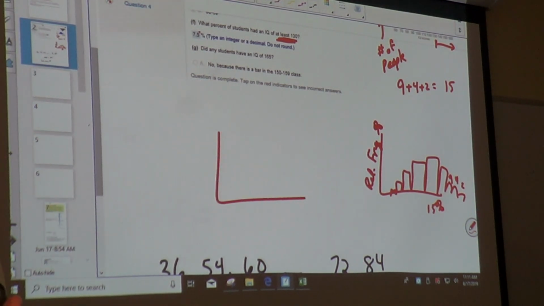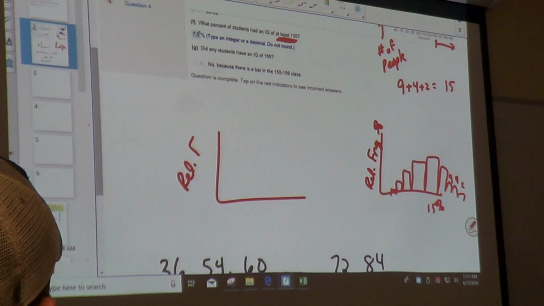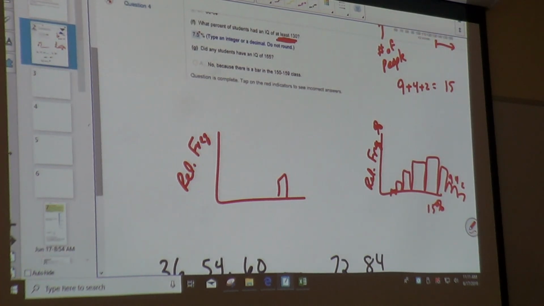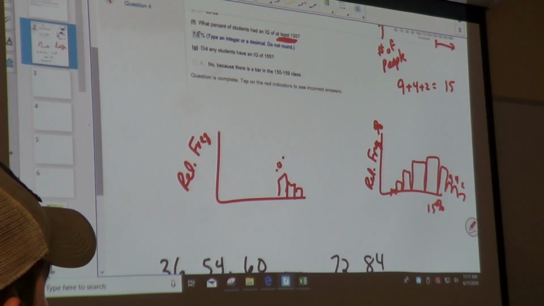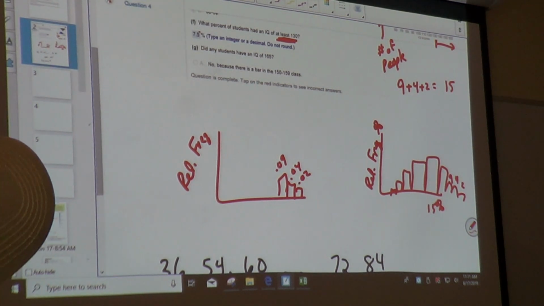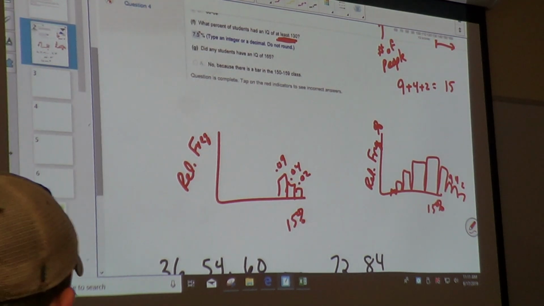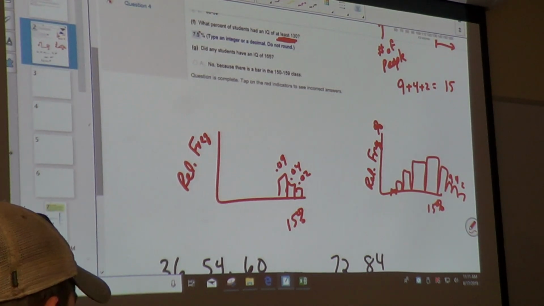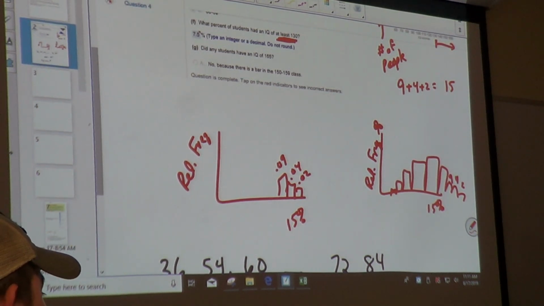Or if I would have written relative frequency and it was 0.09, 0.04, and 0.02, the answer would still be 15%. Because I would add up the decimals and turn it into a percentage.